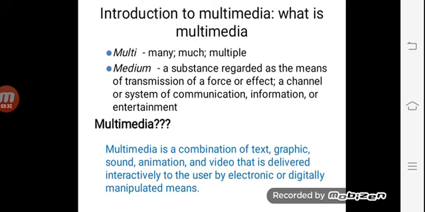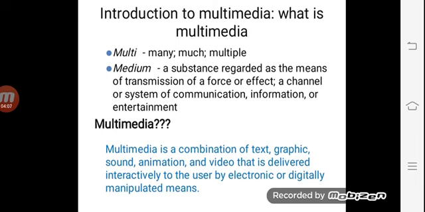So any form of medium that is used to pass the information to the end user, it could be images, animation, sound, video, graphics, text, anything. Multimedia is basically the combination of all these things, or two or more media when used together on a common platform, and that is referred to as multimedia.